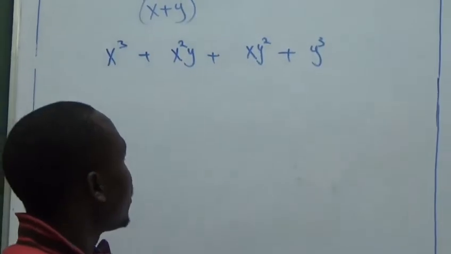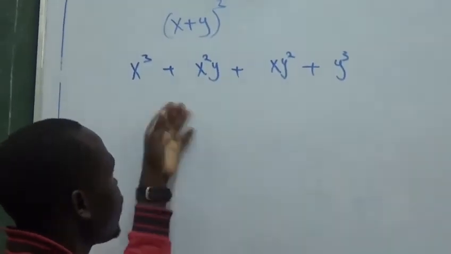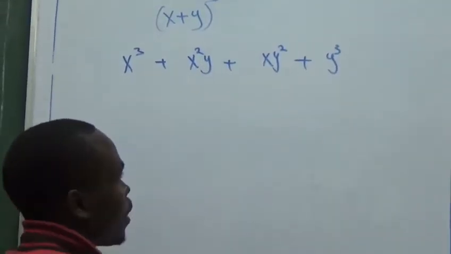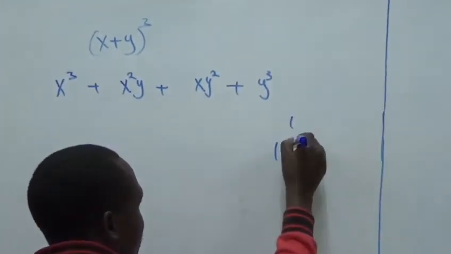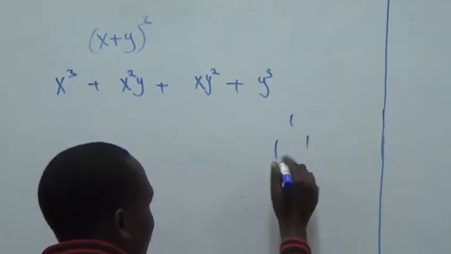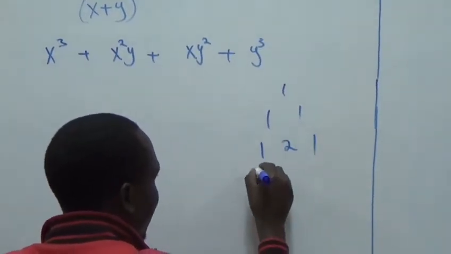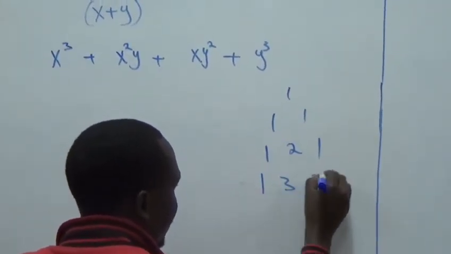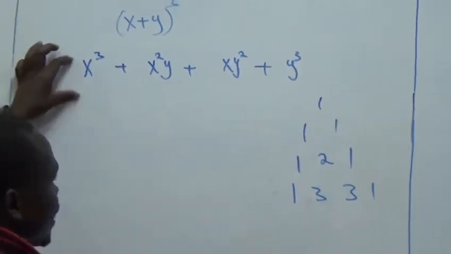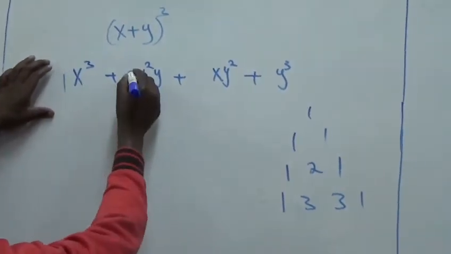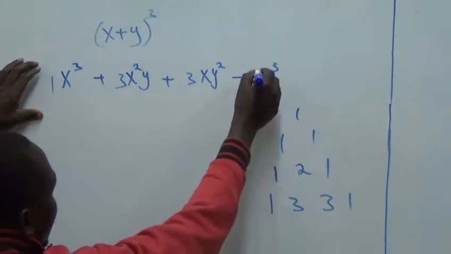Many people use that triangle to find the coefficients of this equation. That triangle is usually based on 1, 1, then 1, 2, 1, then 1, 3, 3, 1. Then they substitute here 1, 3, 3, 1.